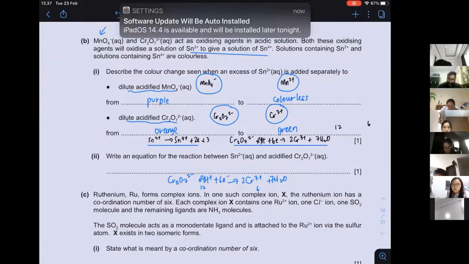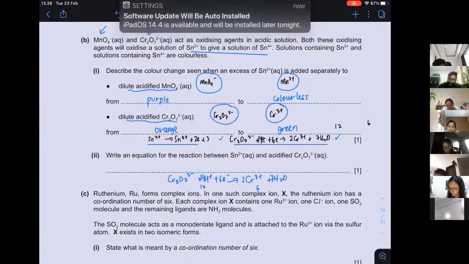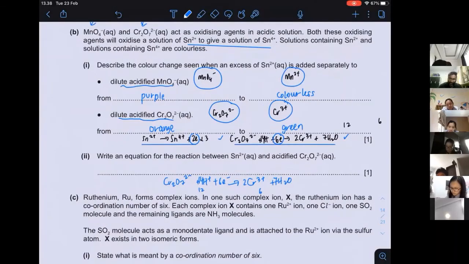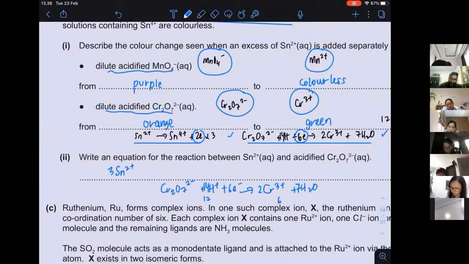What is important now is to join these two half equations together. Do remember that they have 6 electrons here, and only 2 electrons here. So I need to times this equation by 3. When I times that equation by 3, I get 3Sn2+, plus Cr2O7 2-, plus 14H+.